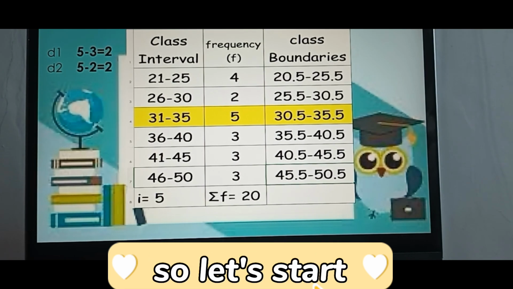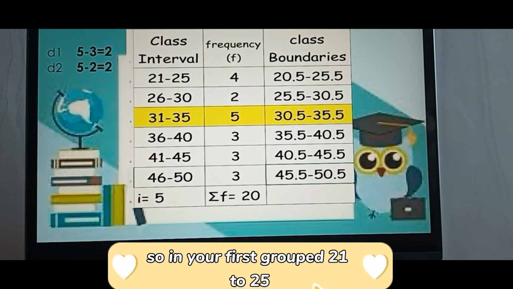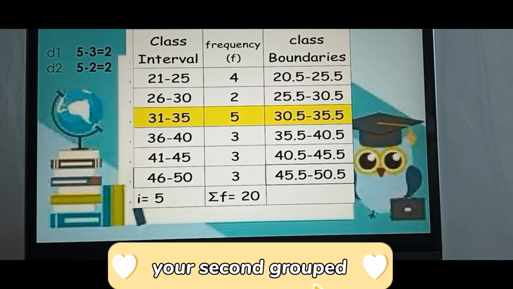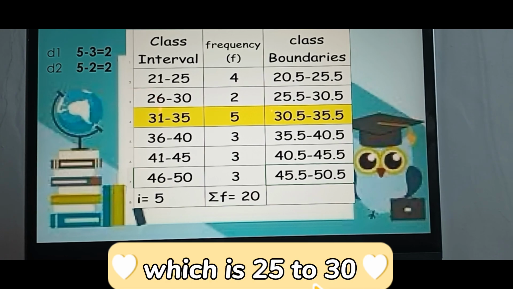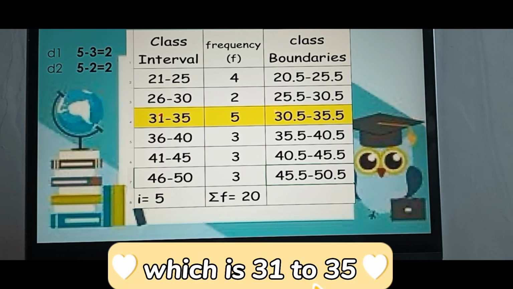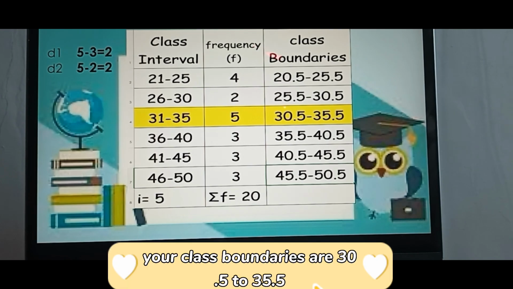So let's start. In your first group, 21 to 25, our class boundaries are 20.5 to 25.5. Your second group, which is 26 to 30, our class boundaries are 25.5 to 30.5. Your third group, which is 31 to 35, your class boundaries are 30.5 to 35.5.